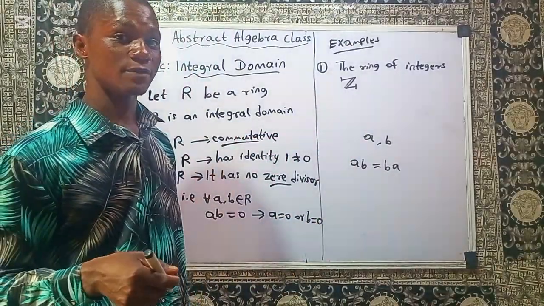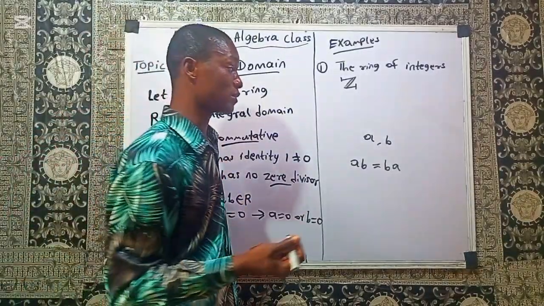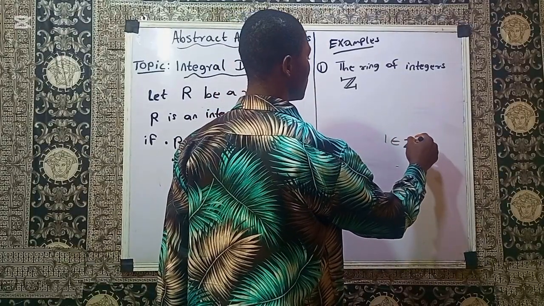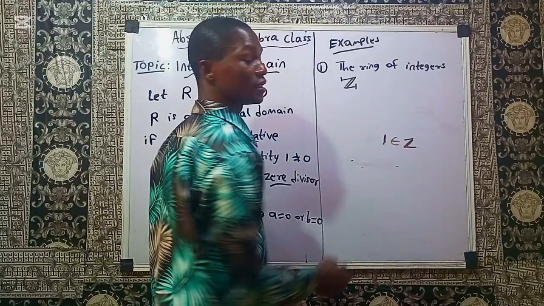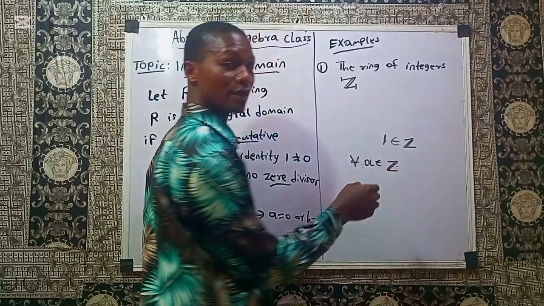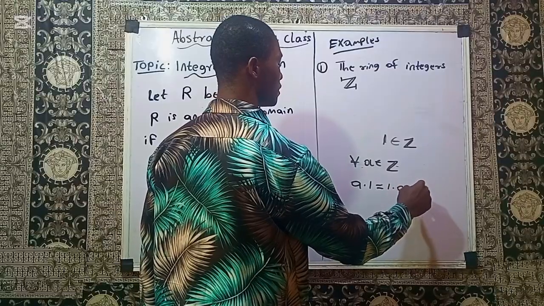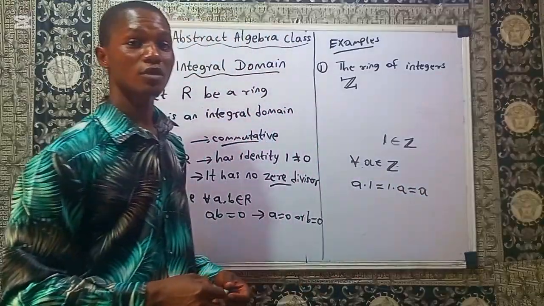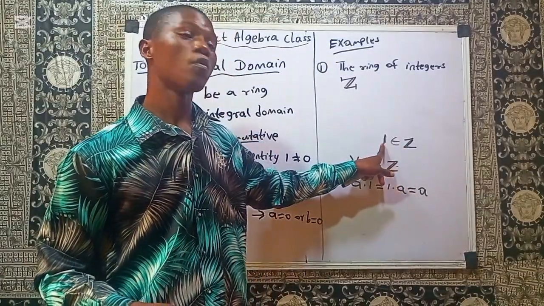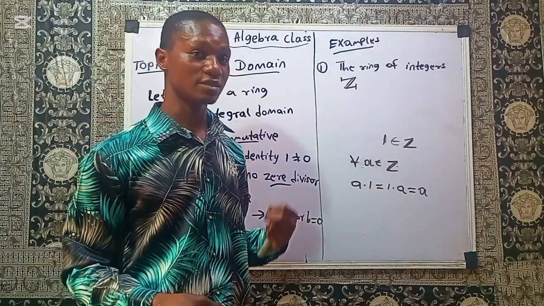It must have identity. What is the definition of multiplicative identity? In the integers Z, we know that 1 is in Z, and for all elements A in Z, A times 1 is equal to 1 times A, which is equal to A. So the multiplicative identity in the integers is 1, because if you multiply any element of the integers by 1, you get back the same element.